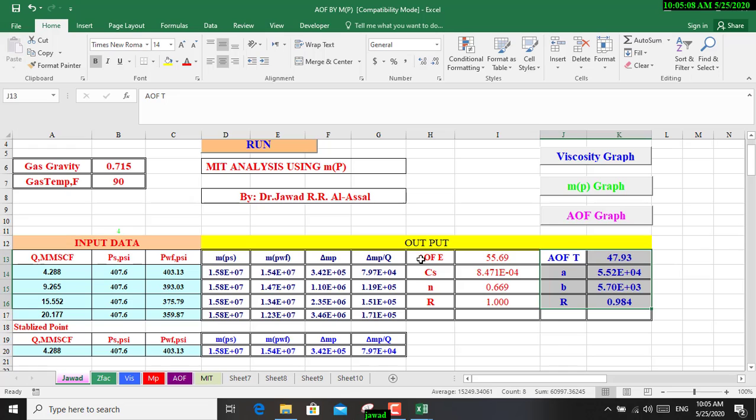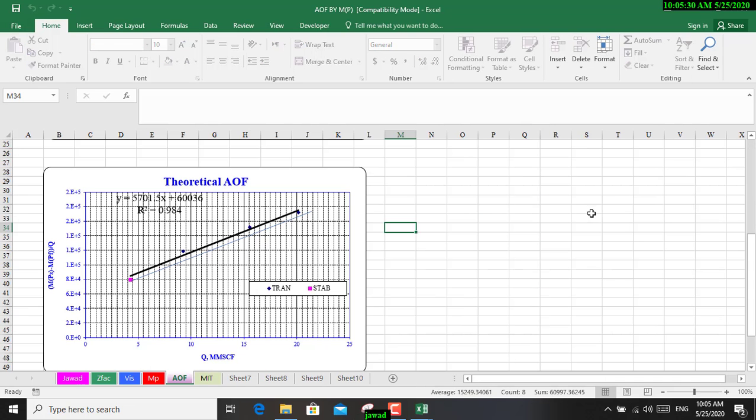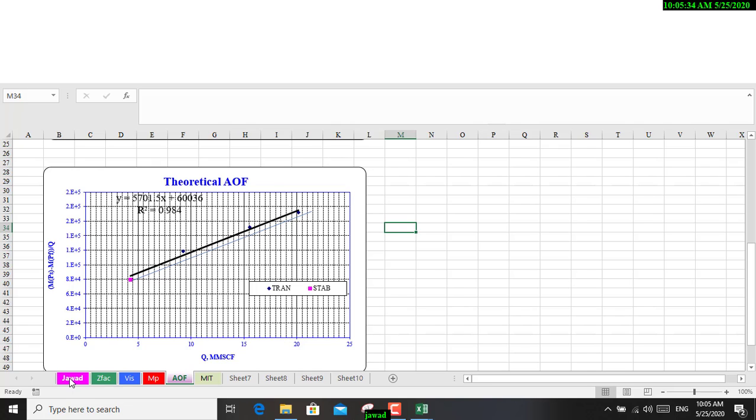This is empirical, I explained it to you, and theoretical, and this is viscosity. By the way, I calculate the viscosity, MOP, and then the graph, whatever. This is the graph.